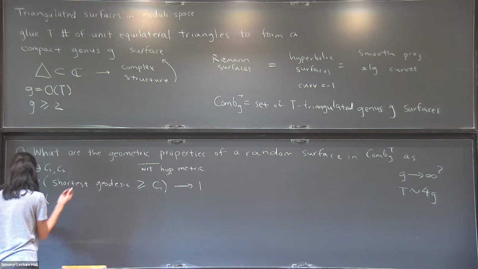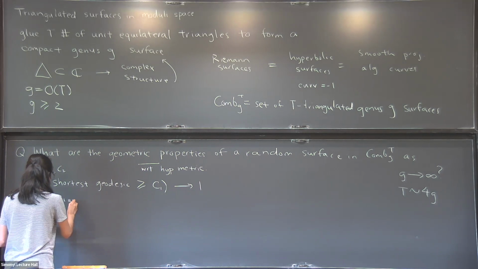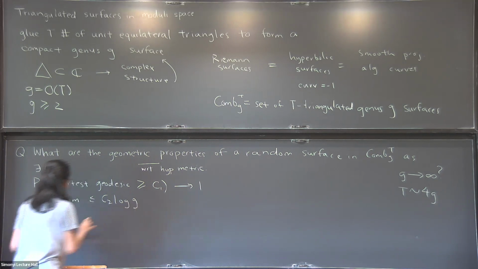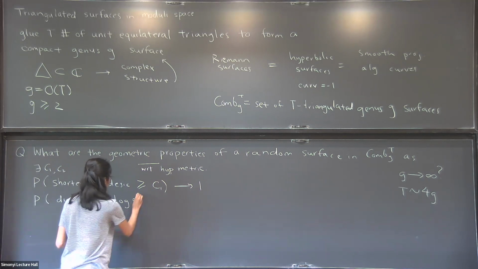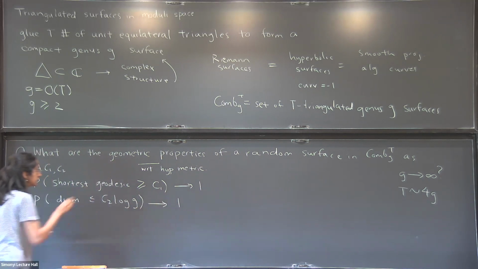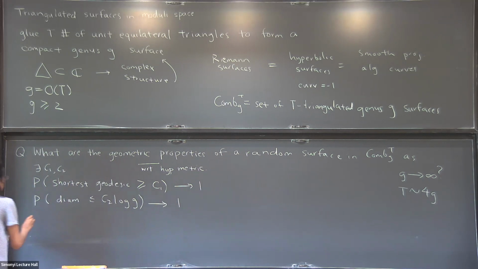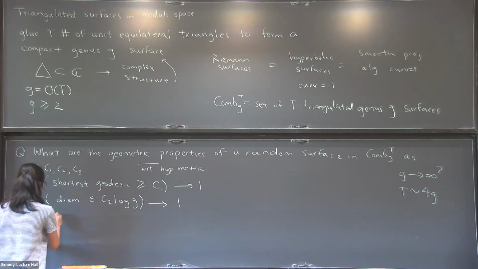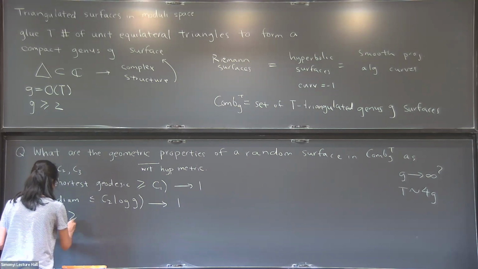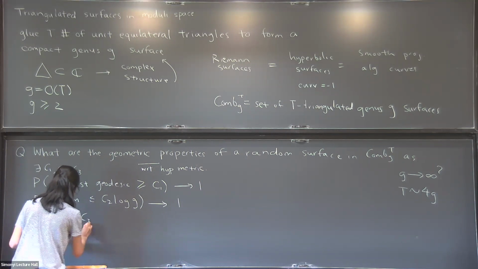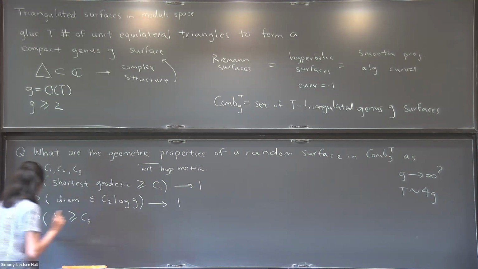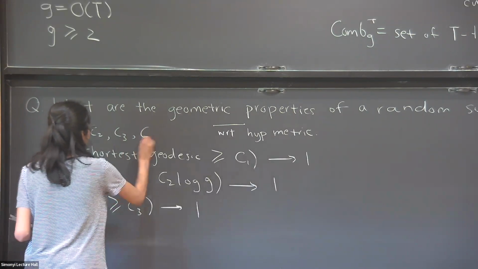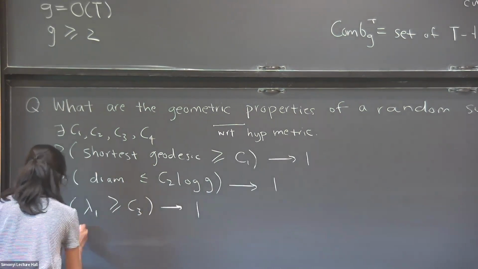And there is another constant such that the probability that the diameter is less than that also tends to 1 as G tends to infinity. And similarly, we have a result for the first eigenvalue of the Laplacian, and the Cheeger constant.